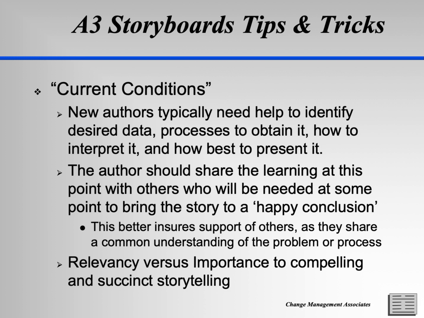This requires the author to prioritize the information and decide what he or she will include in the storyboard and what he or she will not. This is part of the reason for containing it to a very specific amount of real estate, the 11 by 17 inch piece of paper. It forces the author to make these decisions and priorities of information, particularly in the current conditions section.